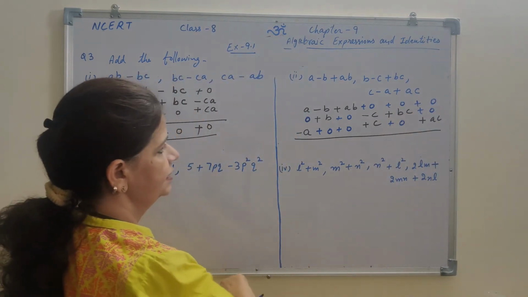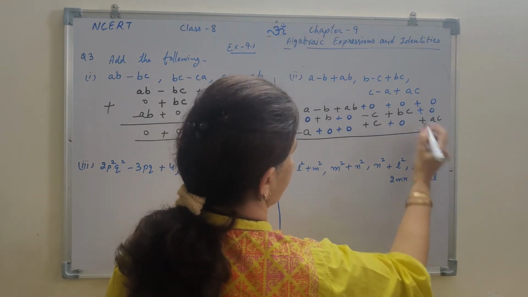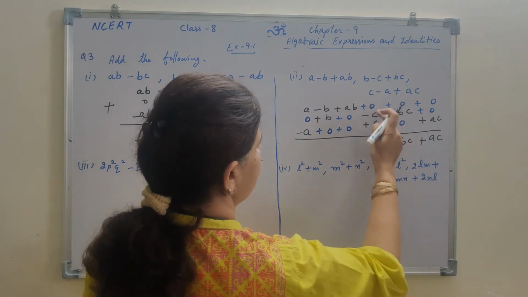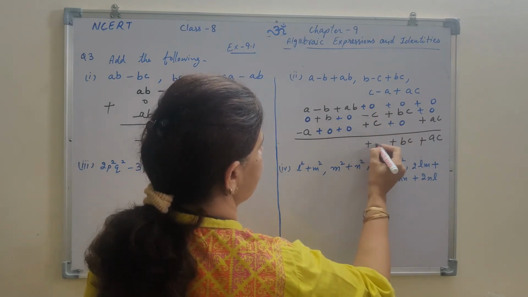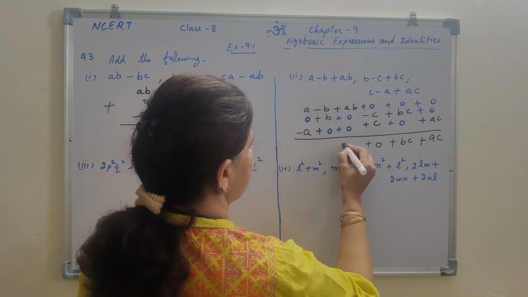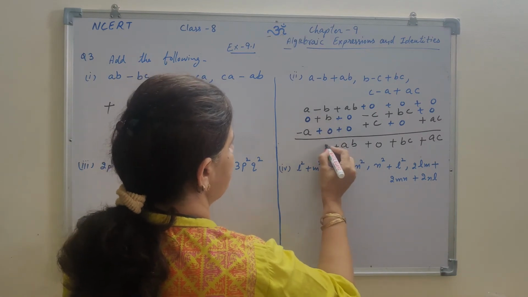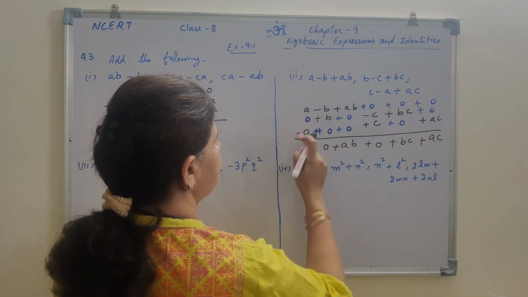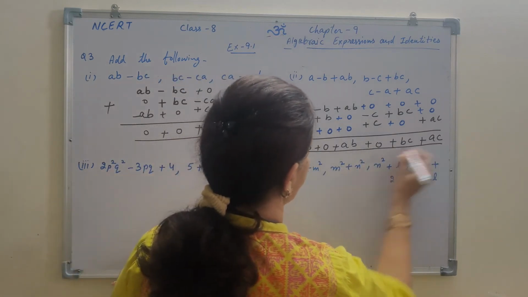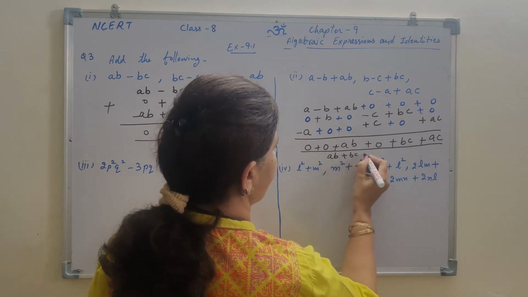Now I am adding this. 0 plus AC is AC. 0 plus BC plus 0 is BC. 0 minus C plus C is 0. AB plus 0 is AB. Minus B plus B is again 0. A plus 0 minus A is 0. So the final answer which we have is AB plus BC plus AC.